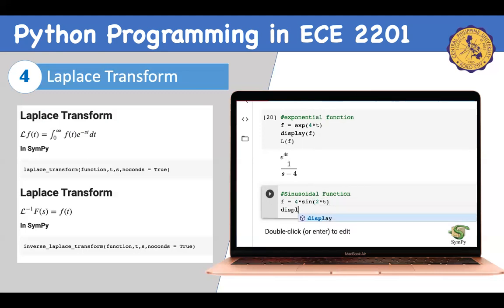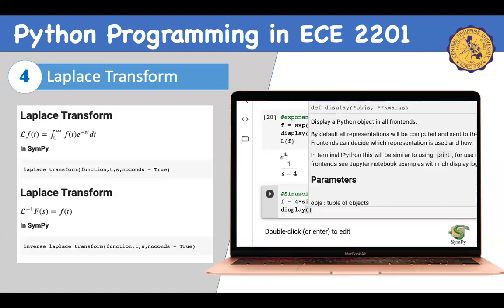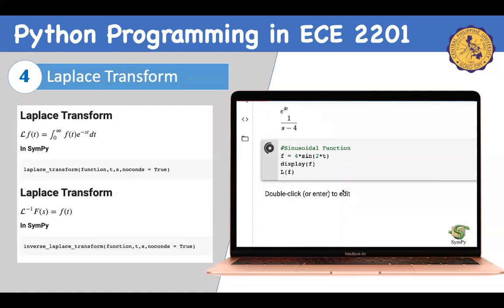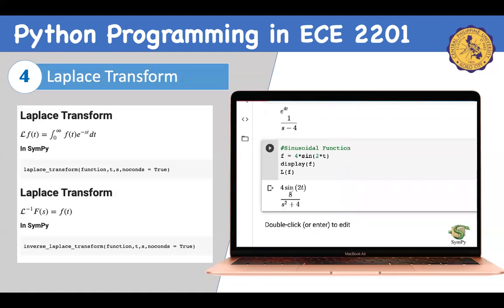Now we are going to display this, and then take the Laplace transform. So we have 4 sine 2t, that's 8 all over s squared plus 4.